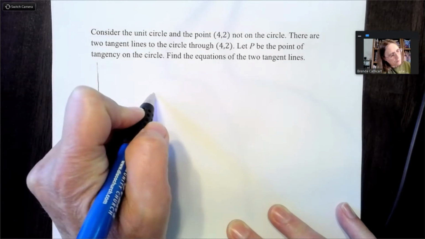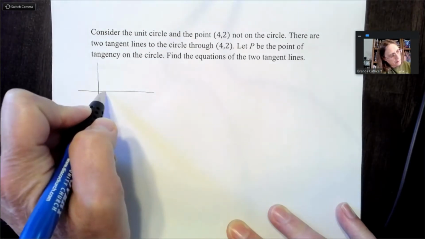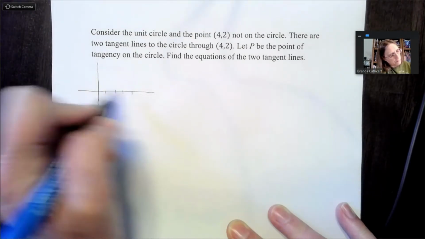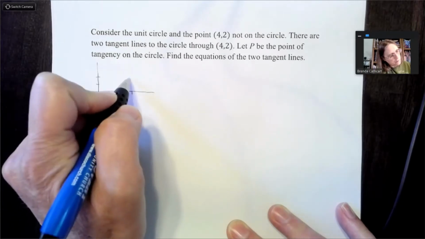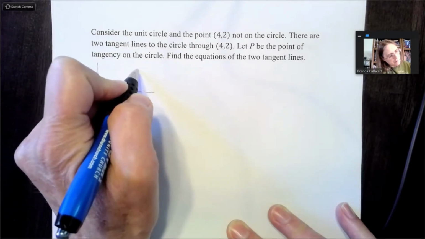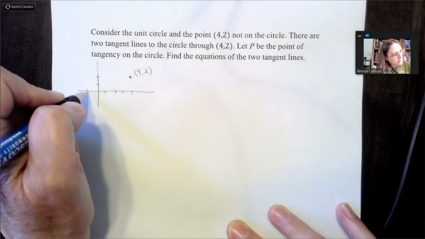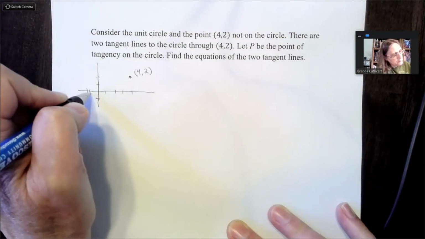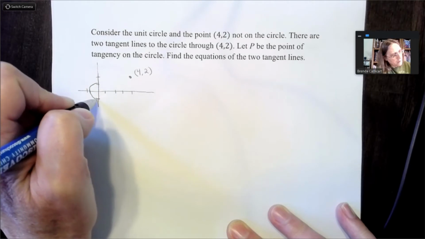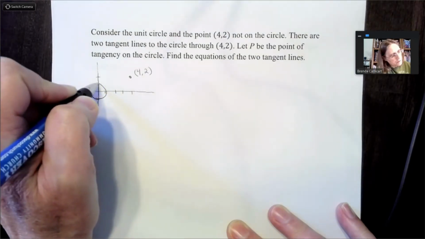First off, we have a coordinate plane, and we're going to have a point (4, 2) that's not going to be on our circle. And we have a unit circle, which means we have a radius of 1 centered at the origin.